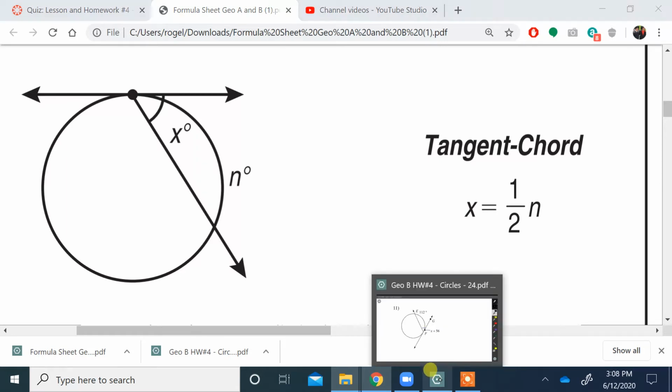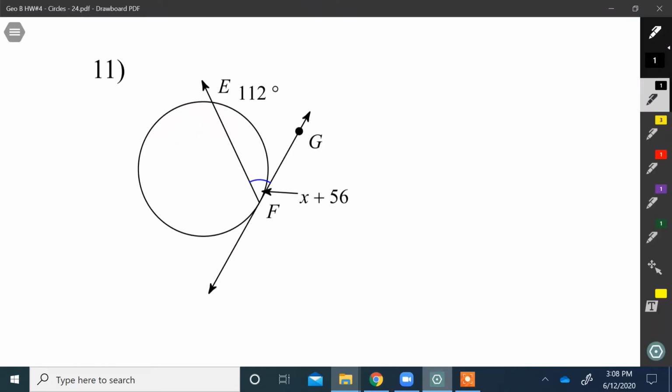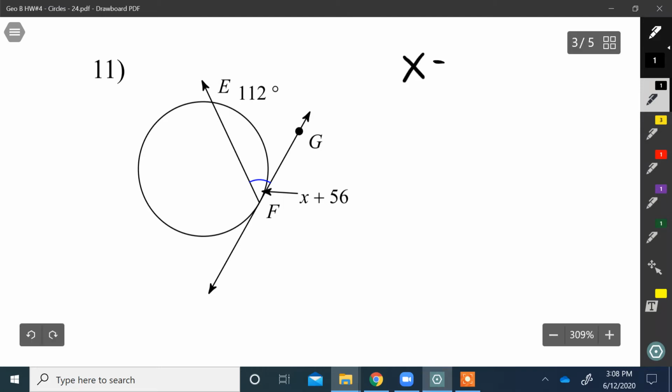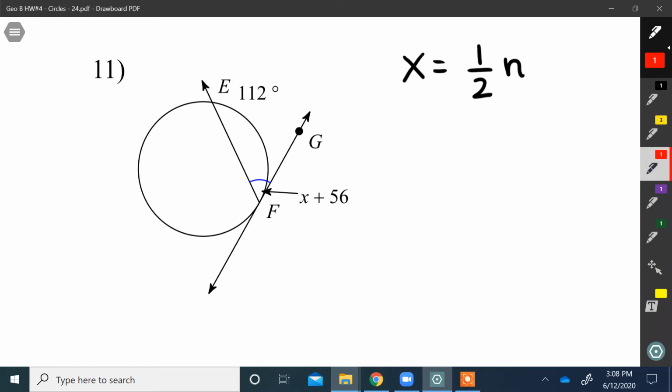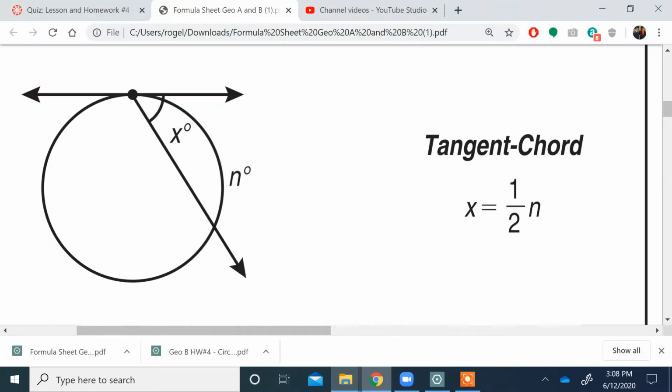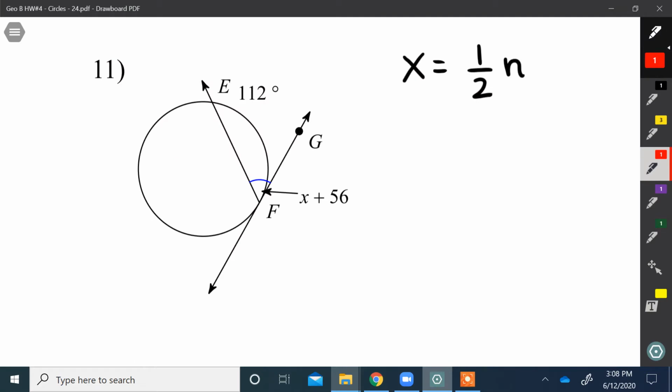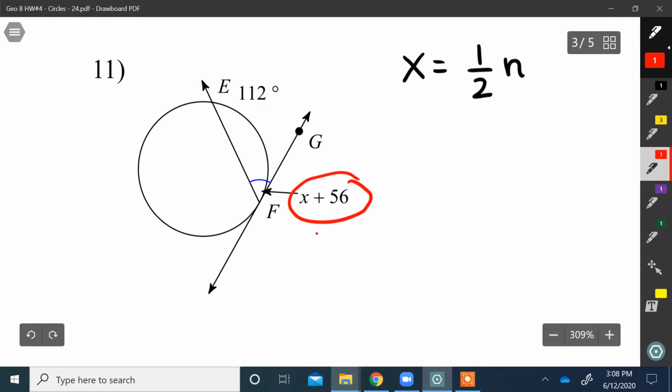So if I have a tangent and a chord, the formula for that is x is equal to half of n. And what is the x? Well, the x, as you can see on the picture, will be this right here. And this right here will be the n.